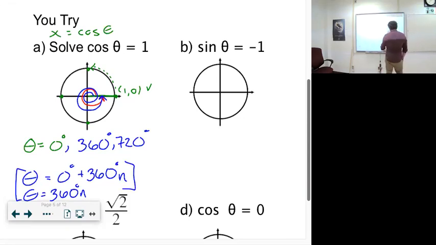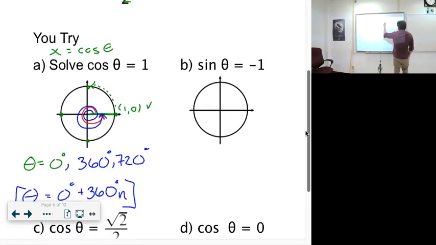Part B, sine of theta equals -1. Again, remember that the sine of an angle measure is equal to the y-coordinate of the point. So sine of theta is your y-coordinate. I'm going to move around the circle again from standard position and identify all the y-coordinates that are equal to -1. That would be this point right here, the point 0, -1.